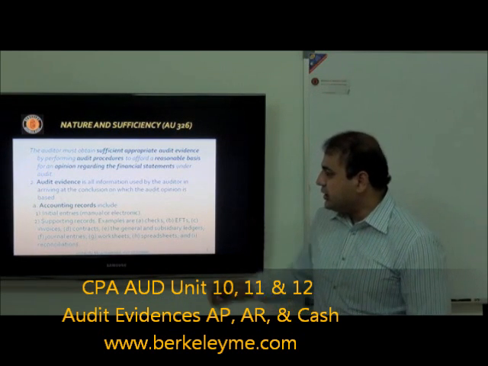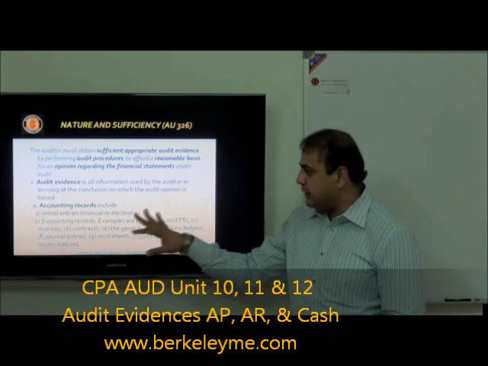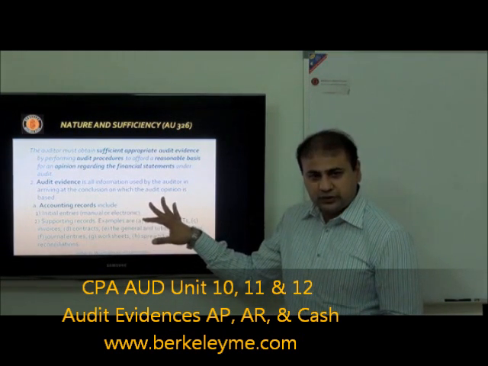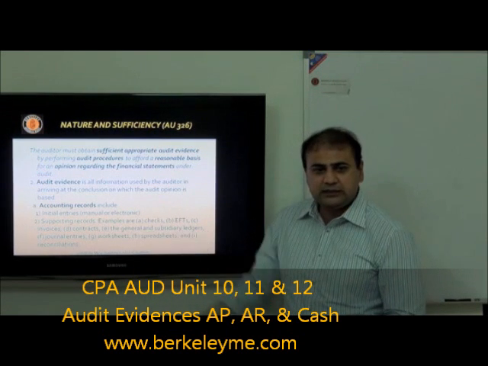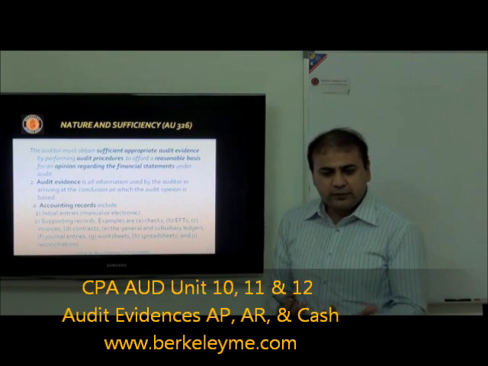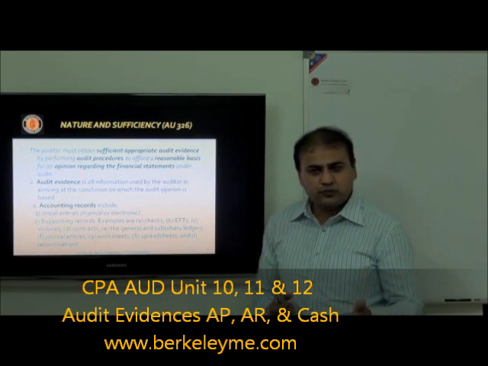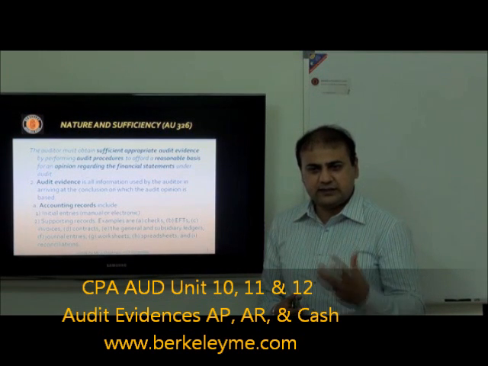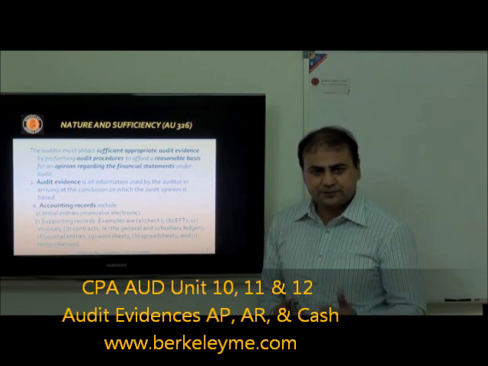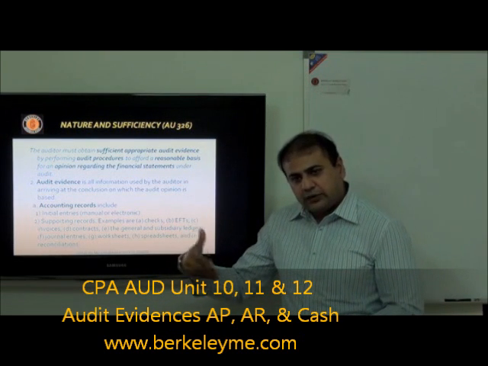So what is audit evidence? Audit evidence is all information used by the auditor in arriving at the conclusion on which the audit opinion is based. Shortly, it is documented evidence which can be shown, which can be proved, which has authenticity in nature. And what are the accounting records?